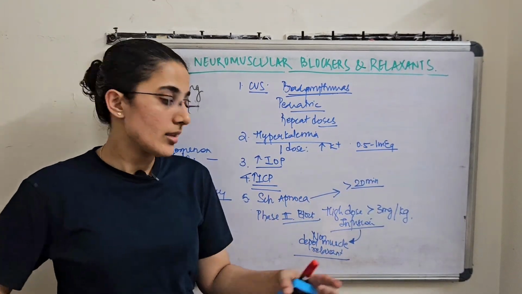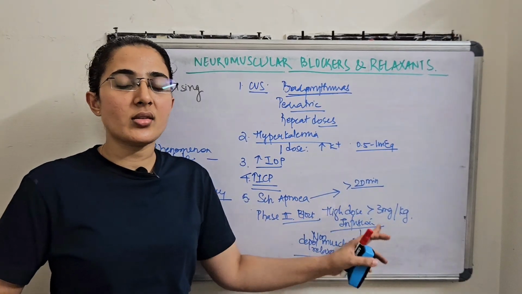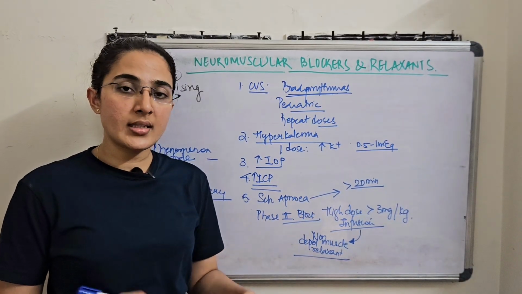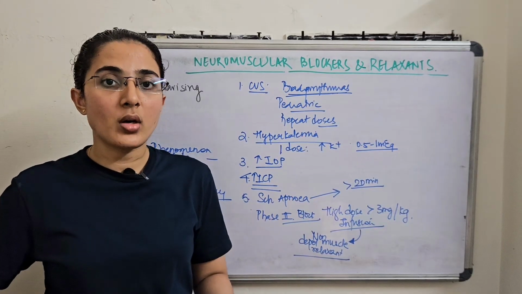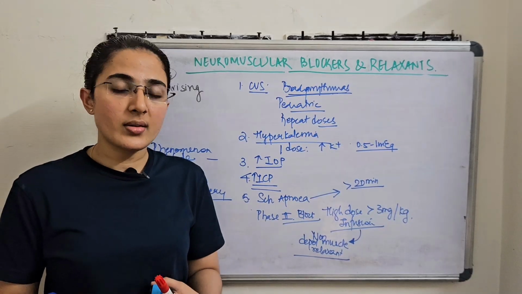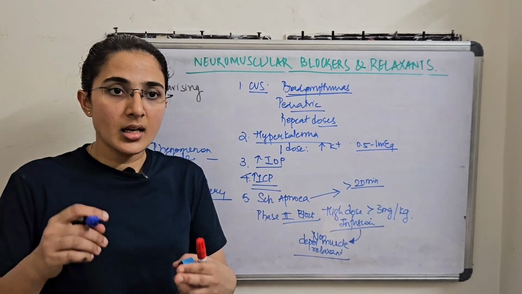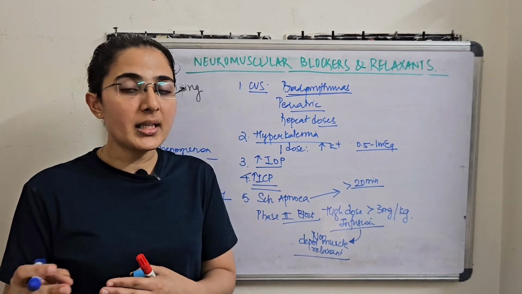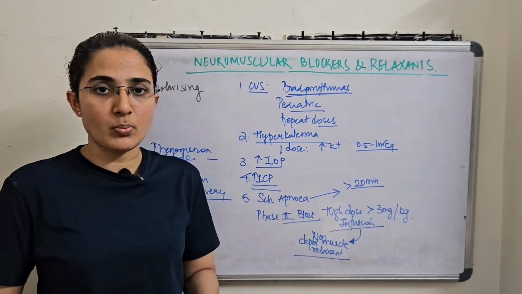Why does this happen? As we saw, the phase 2 block occurs with a very high dose of succinylcholine. So it's believed that at such high doses, succinylcholine also blocks the presynaptic acetylcholine receptors, which are responsible for the release of acetylcholine from synaptic vesicles from a reserve pool to an immediate release pool.